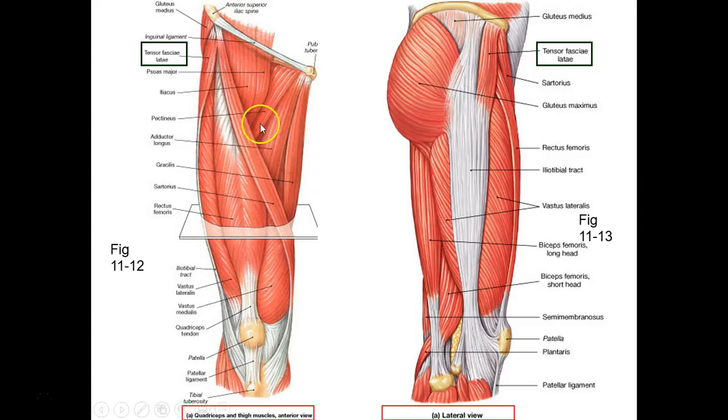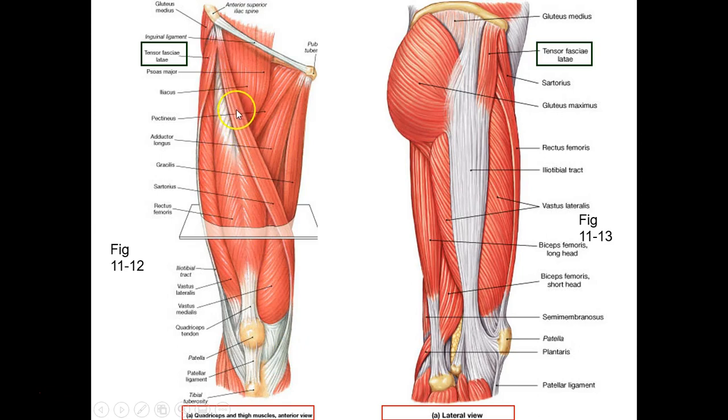Okay, now we're looking at the front. There you can see the Sartorius really nicely. And it flows all the way, and then it goes to the proximal medial surface of the tibia. Where's it originating? Anterior superior iliac spine. This one will put you in that position, when you sit in a lotus position, like you're meditating, basically. It will put your leg in that position. I'll give you a little readout on all the origins, insertions, and actions of all these muscles that you can go by.